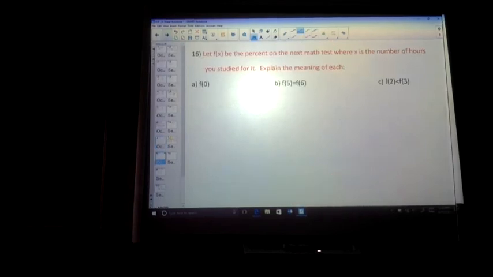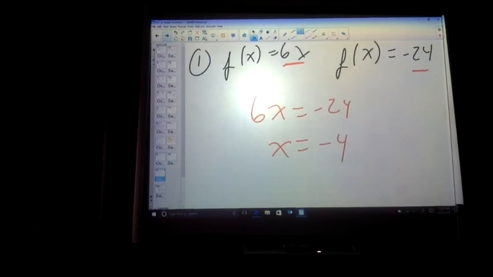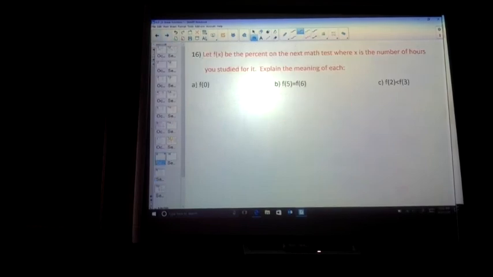This is my last slide then. Let f of x be the percent on the next math test, where x is the number of hours you studied. Explain the meaning of each. So if you got a 0, that would mean you didn't study.